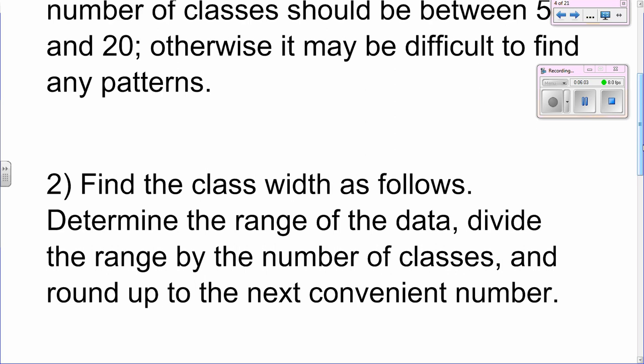So let's say that I decided I wanted to have 6 classes of data, and my range would be 35. Now I purposely made it a number that's not going to be pretty.